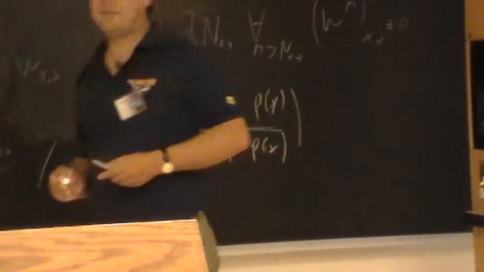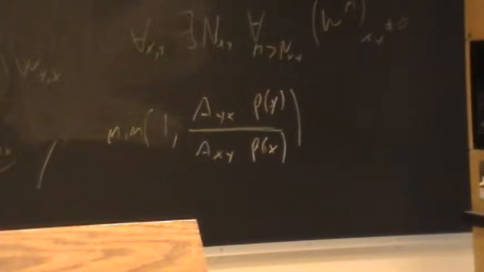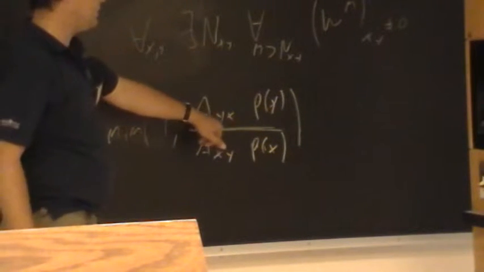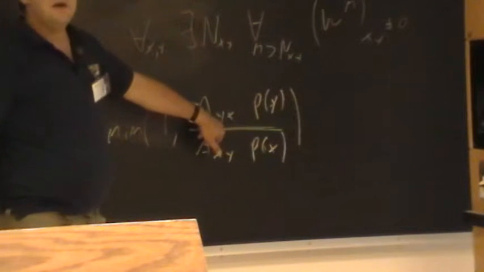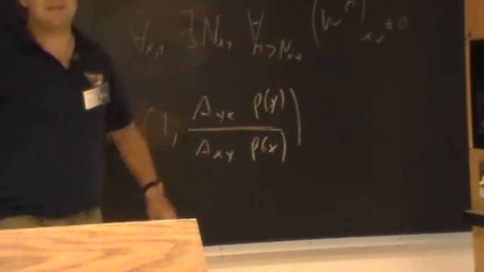What is A(Y→X)? Who can tell me what is the priority rate of going from a configuration Y to configuration X?